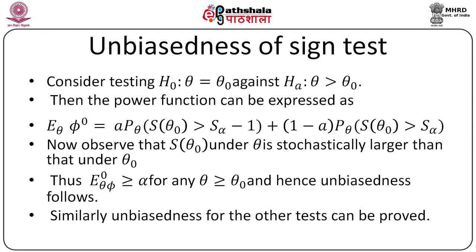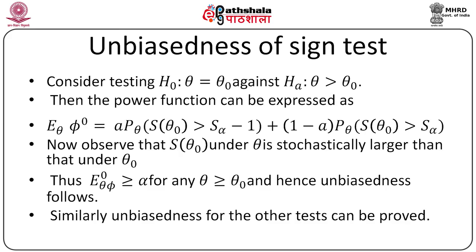Since probability under theta S theta naught equal to S alpha is nothing but the difference probability S theta naught greater than S alpha under theta minus probability S theta naught greater than S alpha minus 1 under theta, power function can be expressed as A probability S theta naught greater than S alpha minus 1 plus 1 minus A probability S theta naught greater than S alpha, where both the probabilities are evaluated under theta.